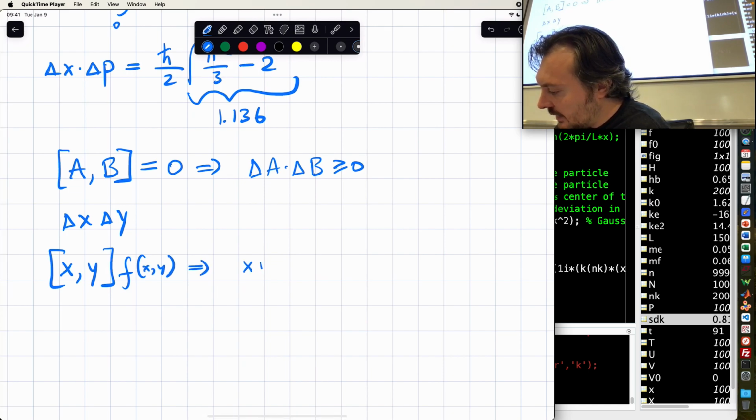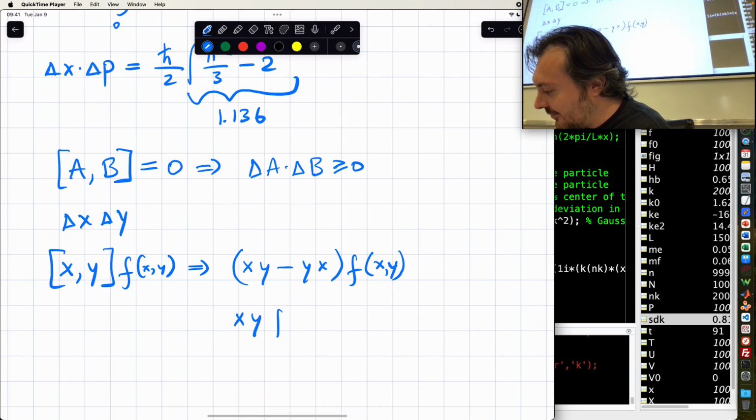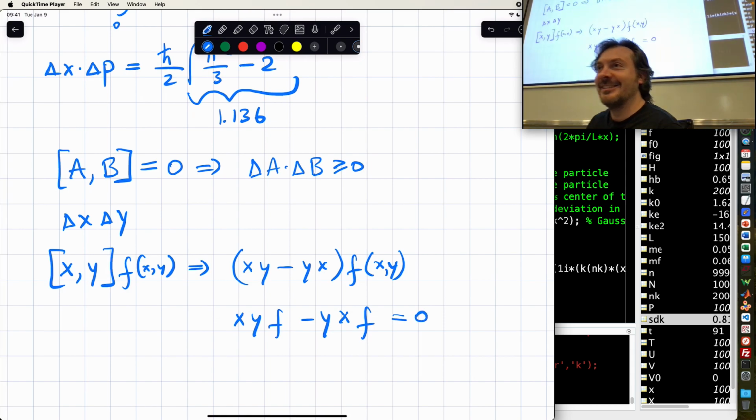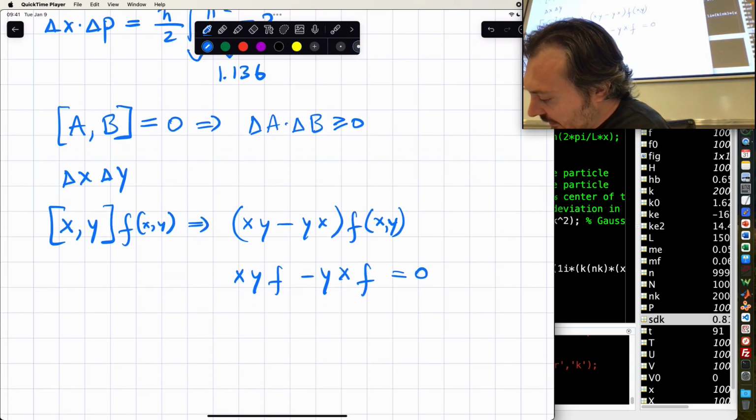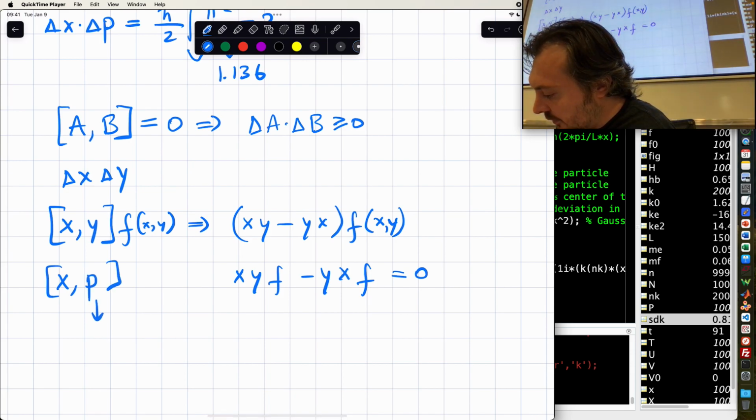So xy minus yx times f of xy gives you xyf minus yxf, which is 0. Do you remember why it wasn't 0? Yes, it was like when you have x and p, this one was del over del x, right?